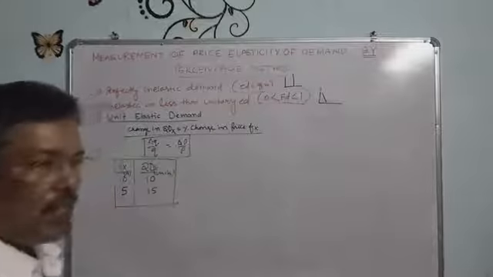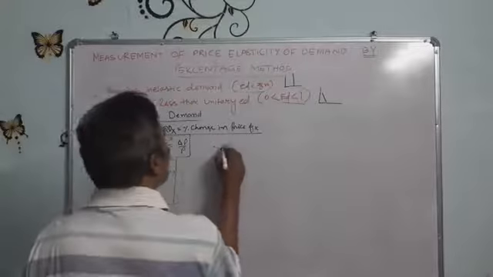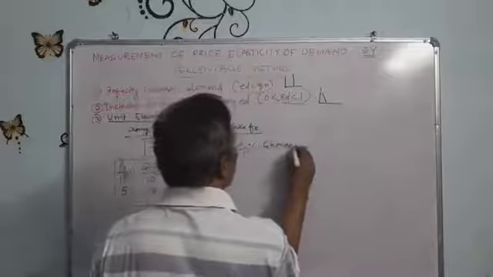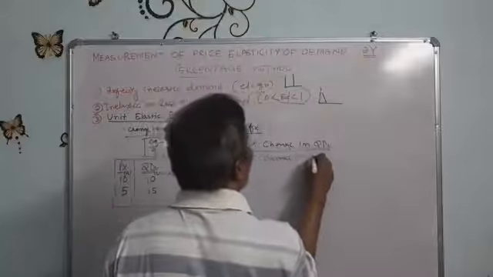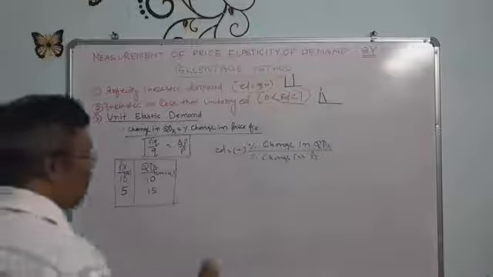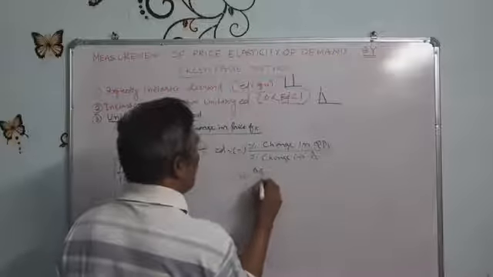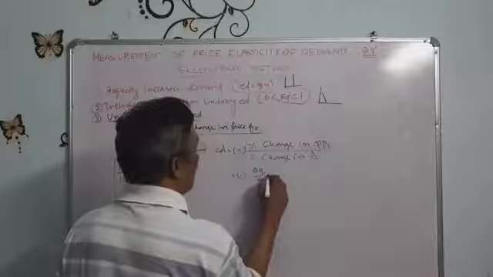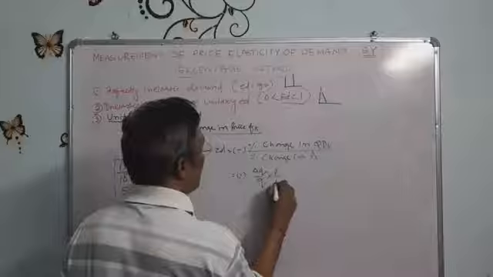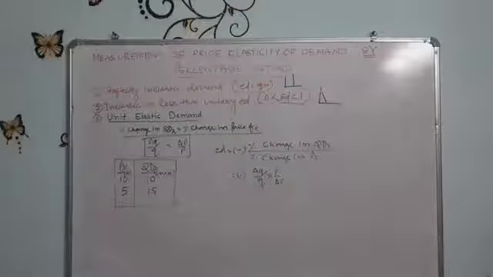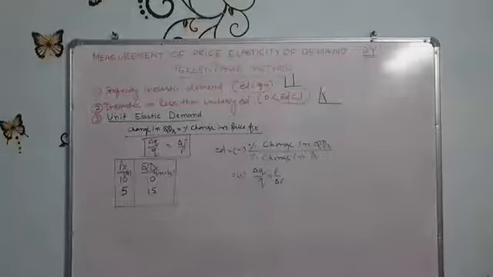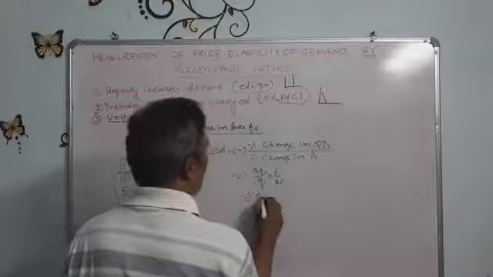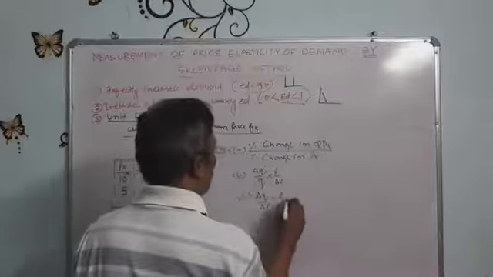Elasticity of demand equals minus percentage change in quantity demanded of X goods upon percentage change in price of X goods, or we may say minus delta Q upon Q into P upon delta P. We have already discussed how this formula is derived. The formula is delta Q upon delta P into P upon Q, or minus delta Q upon delta P into P upon Q. This is the formula.